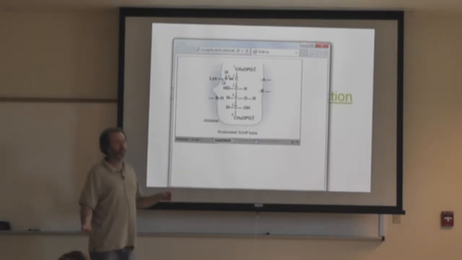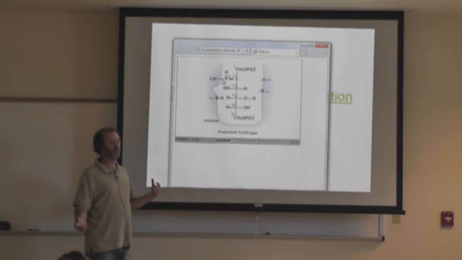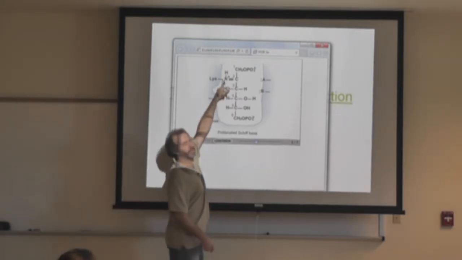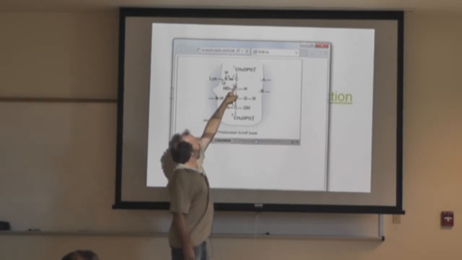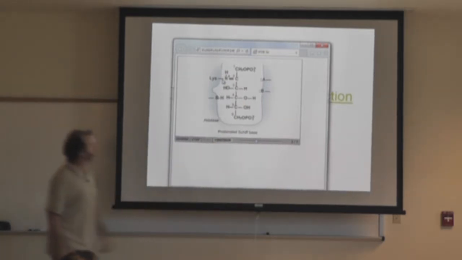And can anybody tell me what's useful about quaternary nitrogens? What are they? They have these great electron withdrawing properties, right? Because these electrons can go here, and then it'd be like a normal nitrogen. But then they're going to have to come from somewhere, right? This carbon will then be lacking electrons.